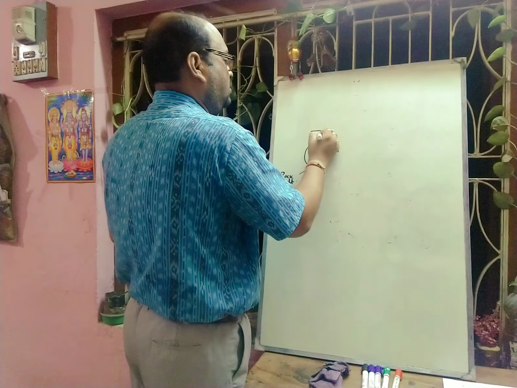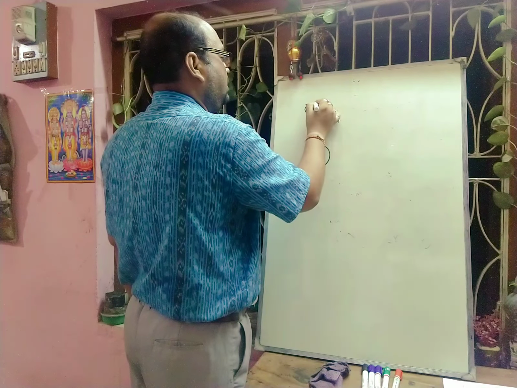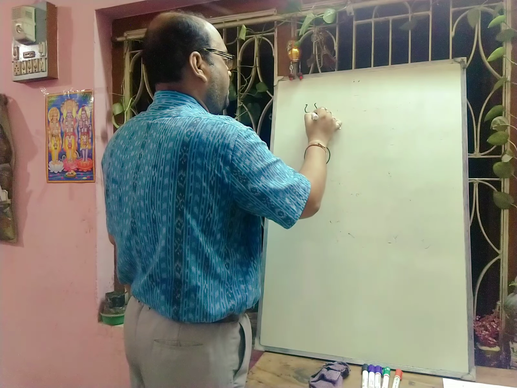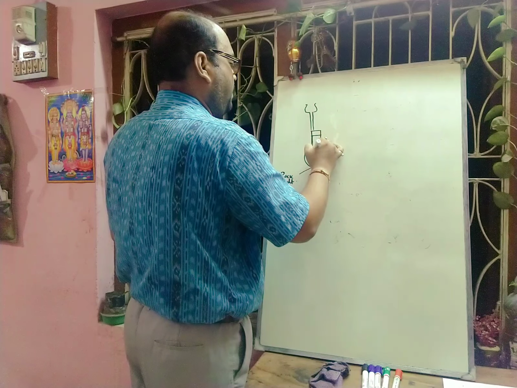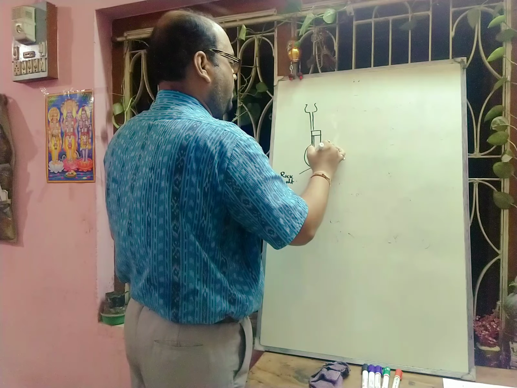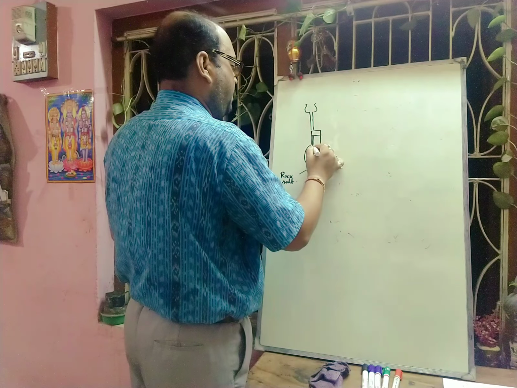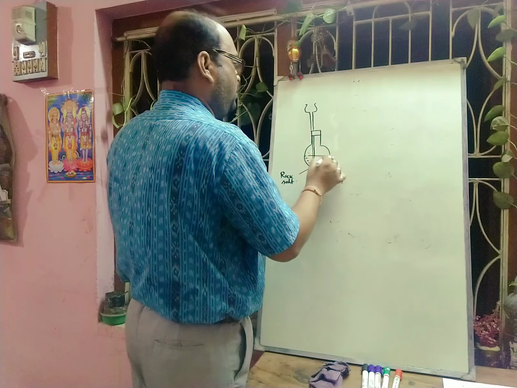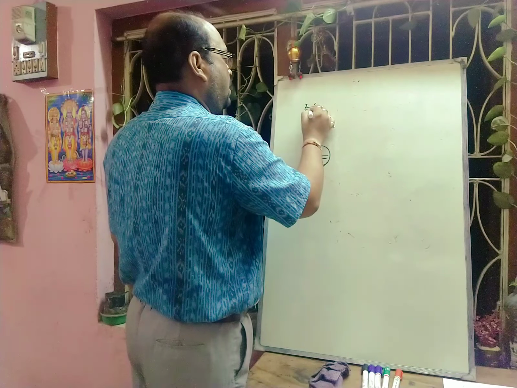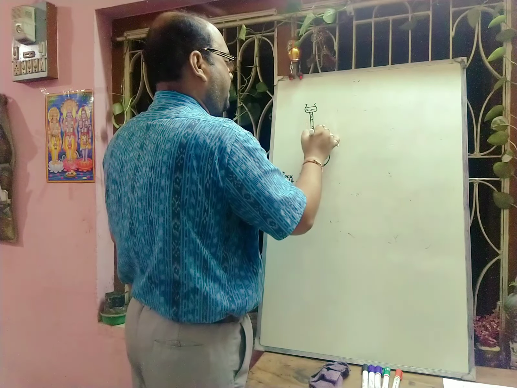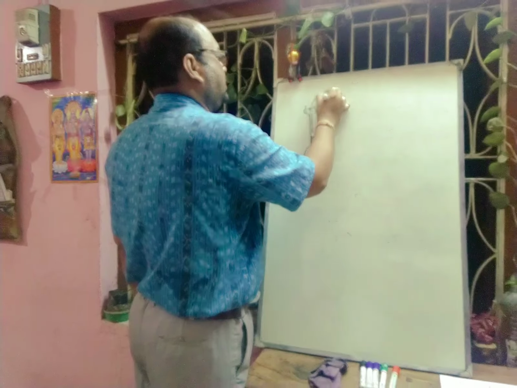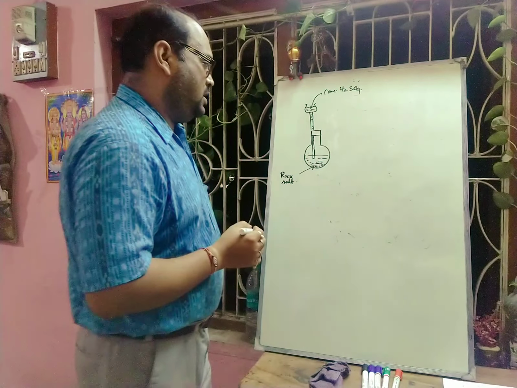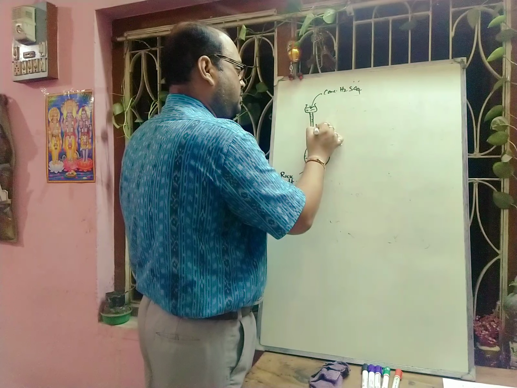Then through one thistle funnel, we have to add concentrated sulfuric acid, and there will be one delivery tube.